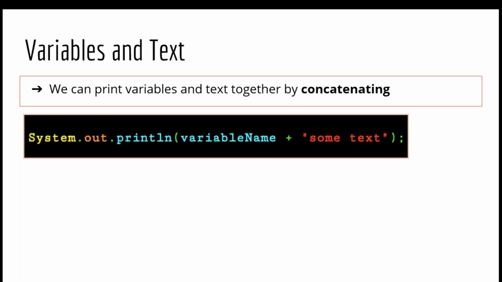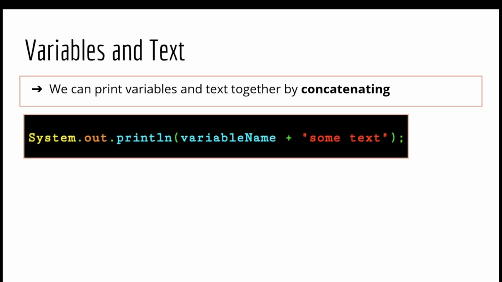So, however, as I mentioned, what we just did is print our straight values on the output, but without any context. To make it more clear what we're printing, we're going to do something called concatenation. This is when you print variables and text together.